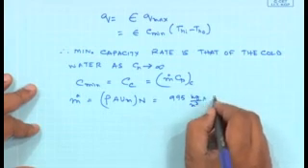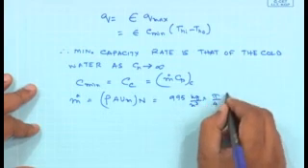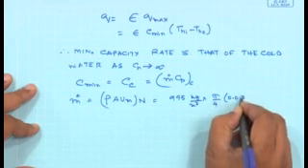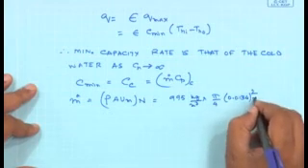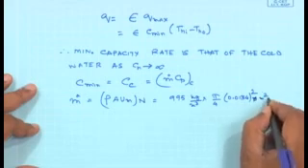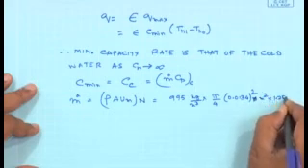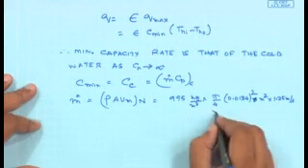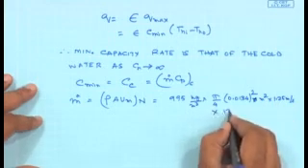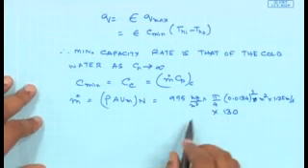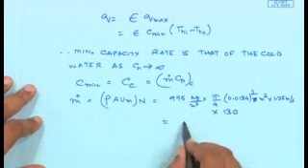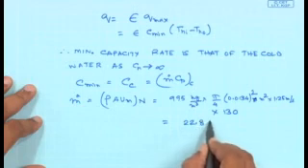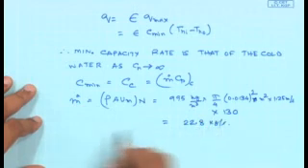The area would simply be the cross sectional area, 0.0134 whole square. So pi d square by 4, this is meter square, into 1.25 meter per second, that's the velocity, into 130 number of tubes which are present per tube pass. So the mass flow rate of water would simply turn out to be 22.8 kg per second.